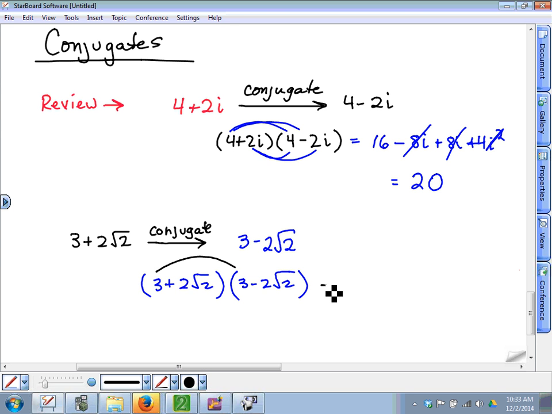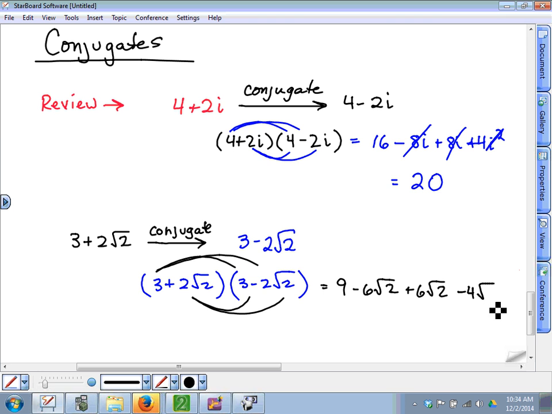So 3 times 3 is 9. 3 times negative 2 root 2 is negative 6 root 2. 2 root 2 times 3 is plus 6 root 2. Those would cancel out. All right, be careful in this last one. 2 root 2 times negative 2 root 2.